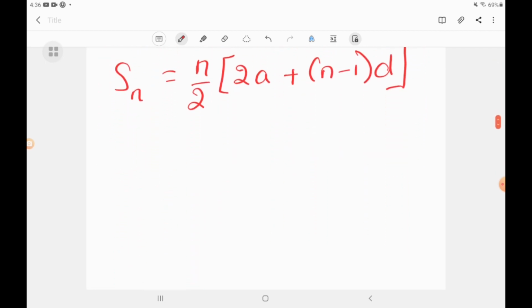So now let's look at a few examples where we apply this formula. Let me write down an example.